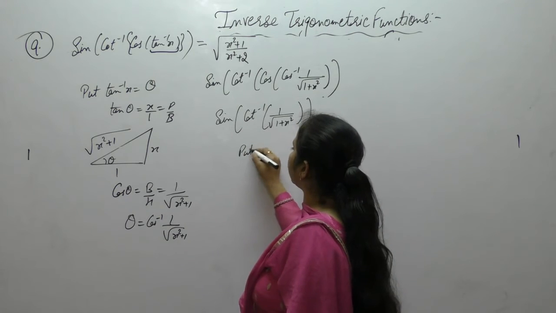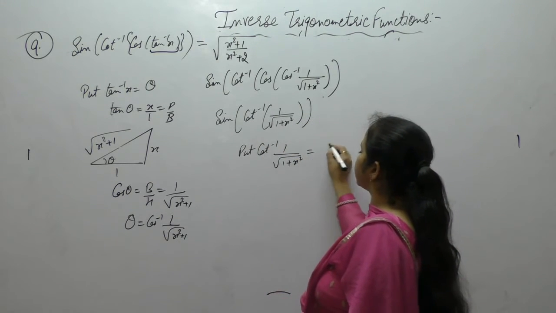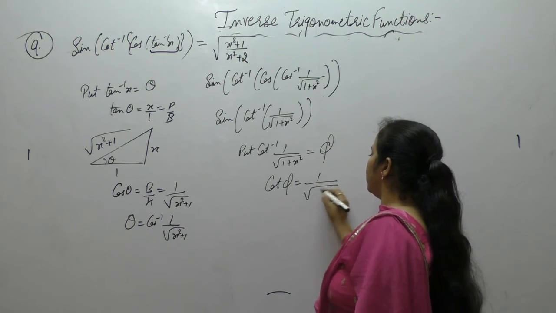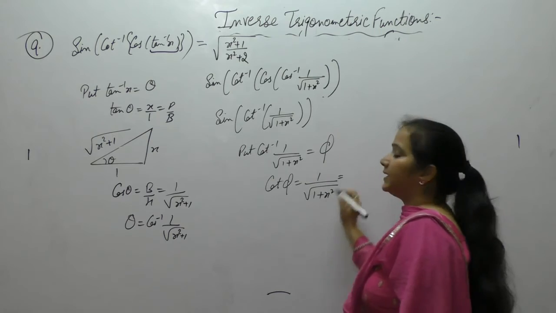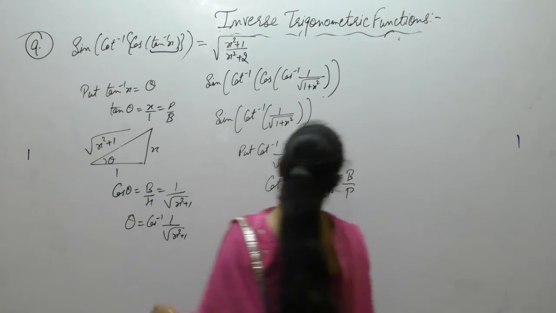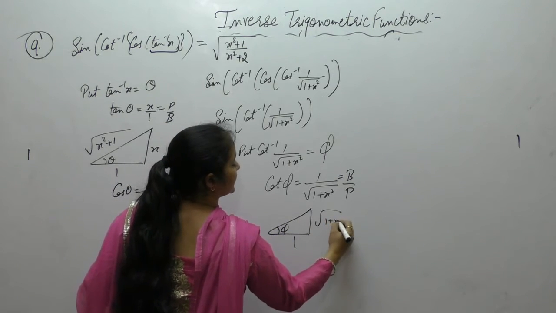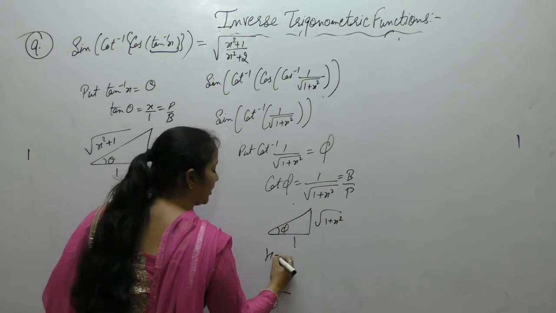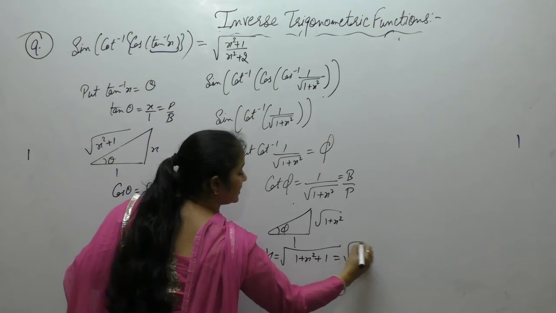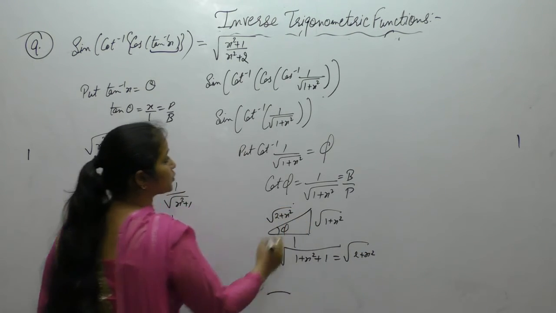Now put cot inverse 1 upon root of 1 plus x square as phi. So we get cot phi as 1 upon root 1 plus x square. Cot is base upon perpendicular. So base is 1, perpendicular is this. Now hypotenuse is root of perpendicular square plus base square, so root of 2 plus x square.